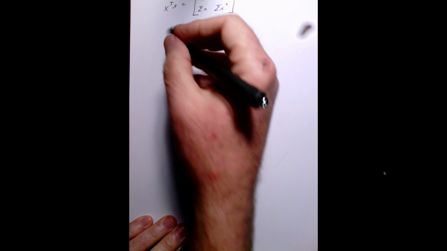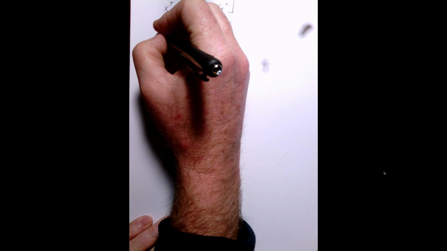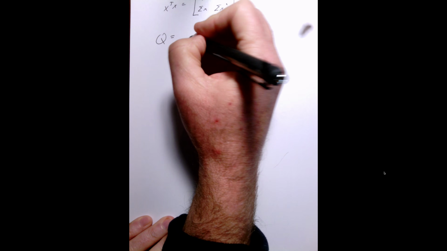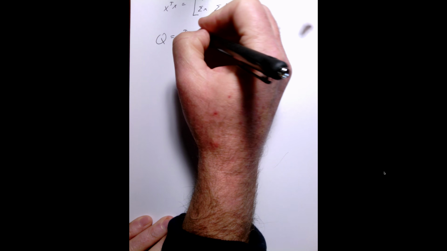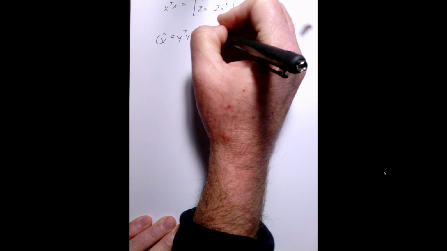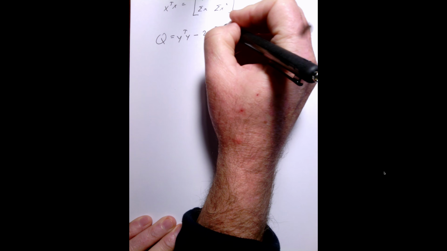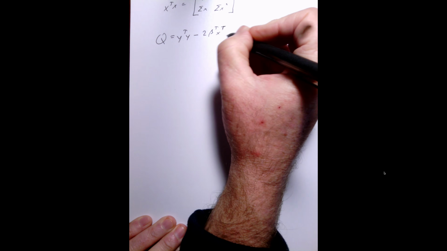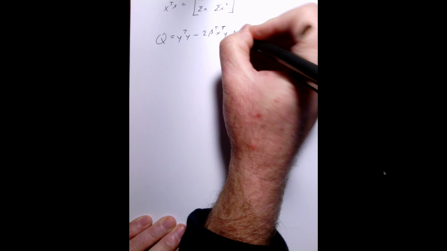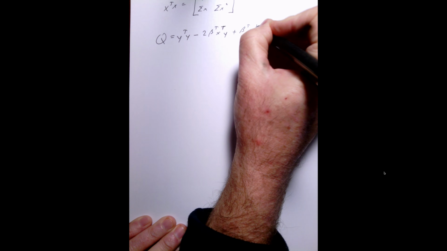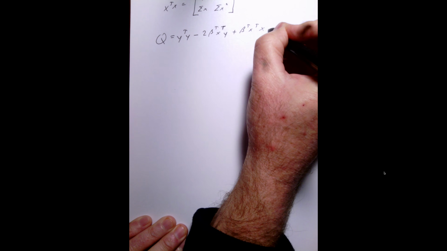Let's call this Q. So y transpose y minus 2 beta transpose x transpose y plus beta transpose x transpose x beta.